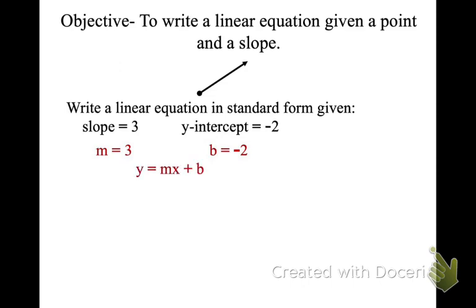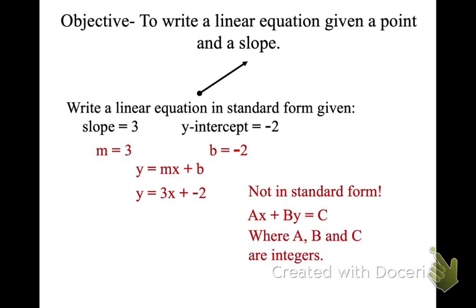So I'm going to write this. I substitute my m, I substitute my b, and we're given this. To get it into standard form, I would subtract 3x from both sides, and then we have a standard form equation.